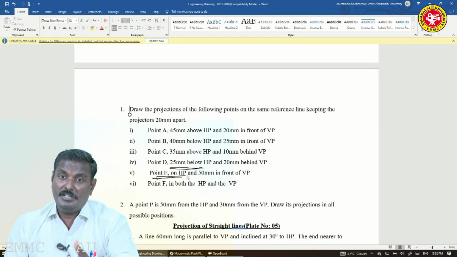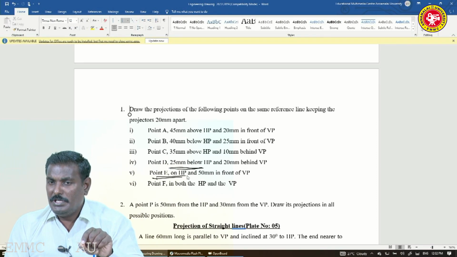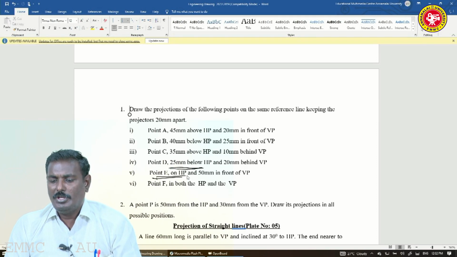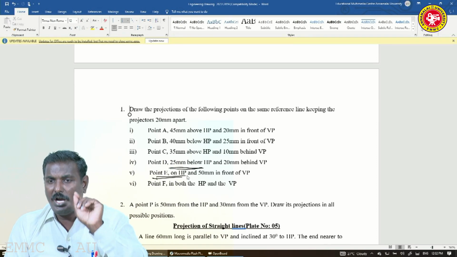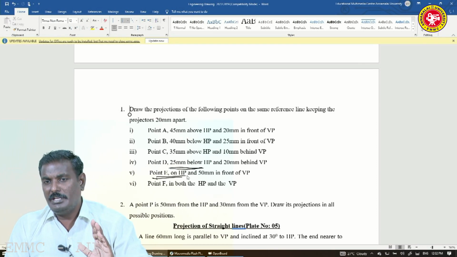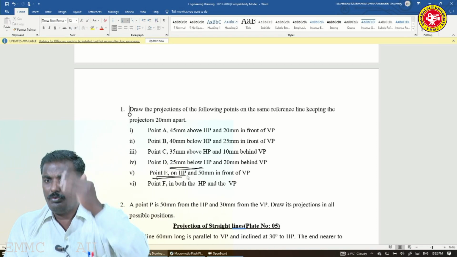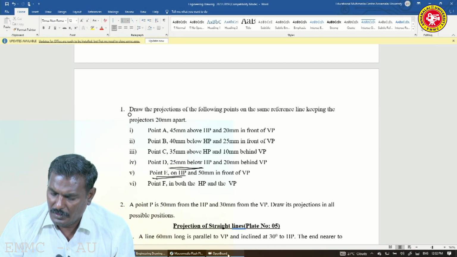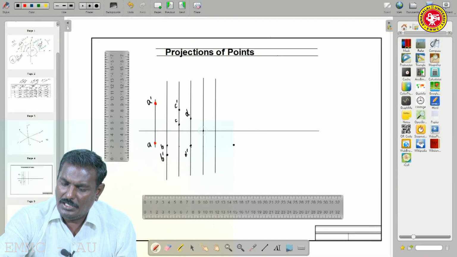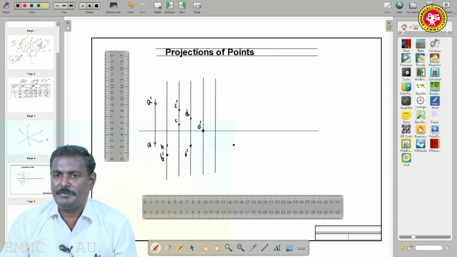So what I stated in the demonstration, that is animation, in HP or on HP, lies in the reference line. So here point E on HP is in the reference line. 50 mm in front of VP is below XY; in front below, behind above XY. Here point E on HP, that is E dash.